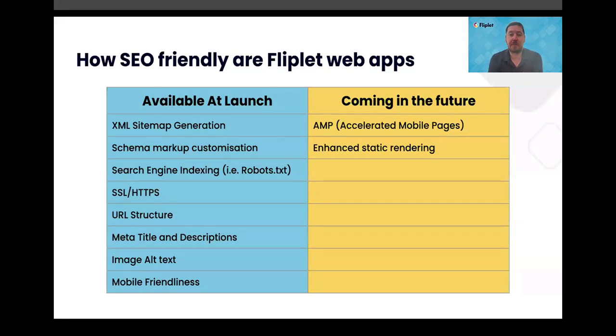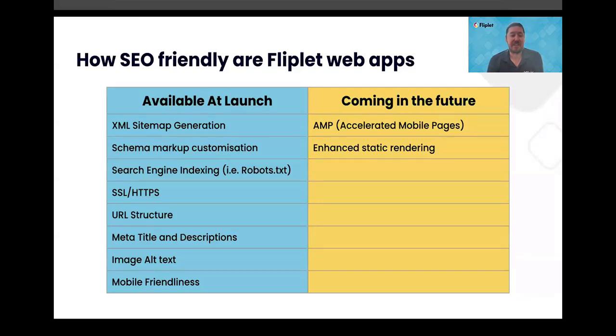So some social platforms expect or hope to expect certain elements, and you'll be able to customize this to your needs. There's search engine indexing, as mentioned earlier. This was previously not available, but this will allow you to not only make it indexable, but you can also customize. So if there were certain search engines you didn't want to be accessible for, you would be able to override and exclude those.